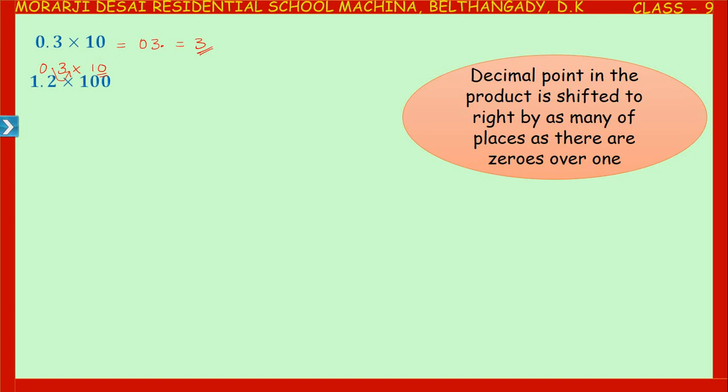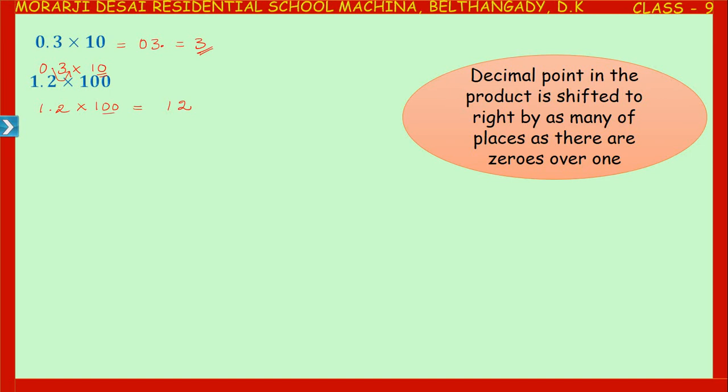Now look at the next question. 1.2 into 100. See here, you have to write 12 here, and the point has to be moved. How many steps forward?